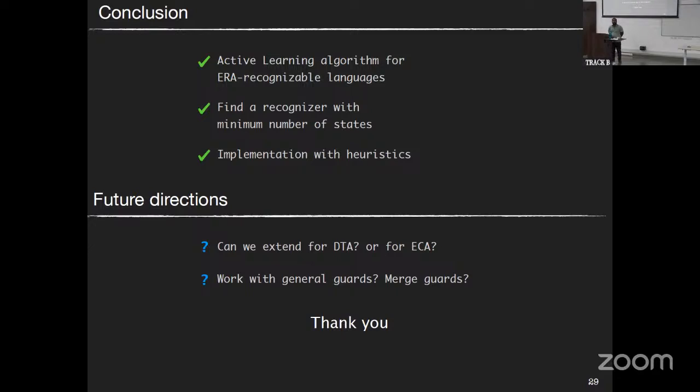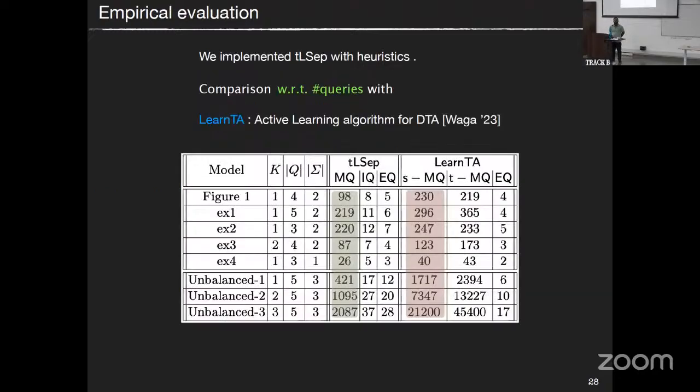Quick question about the experiments. What was the number of states in the LearnTA? Roughly, it is actually quite less because they use a different kind of resets, so they can reset to another clock value.